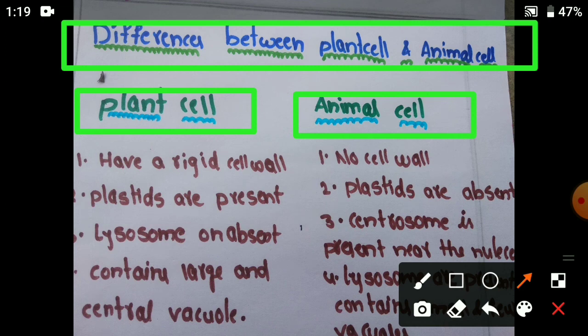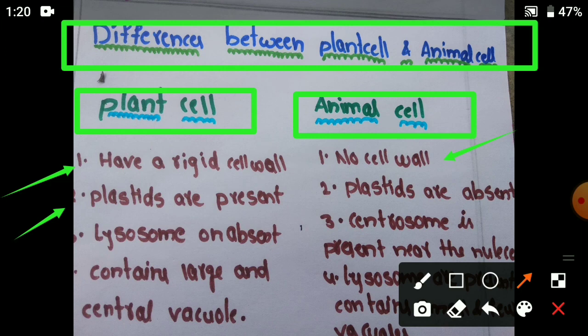The plant cell has a rigid cell wall; the animal cell has no cell wall. Next, plastids are present in plant cells and absent in animal cells.